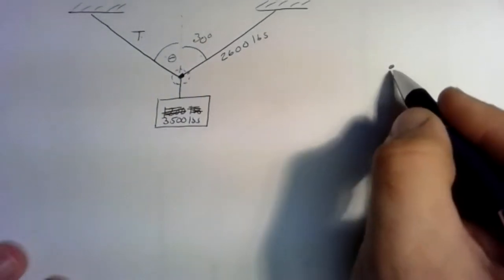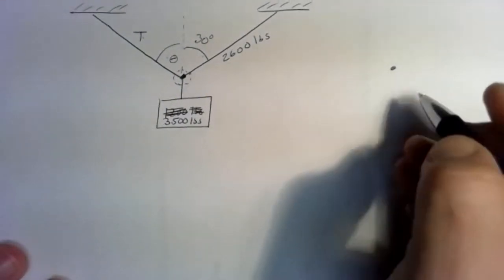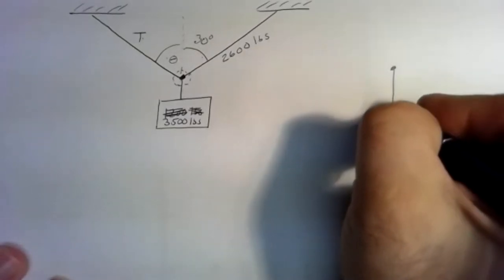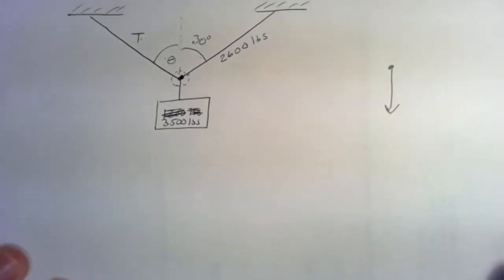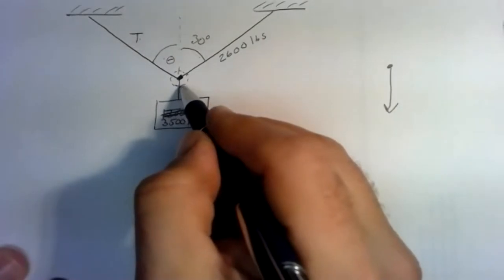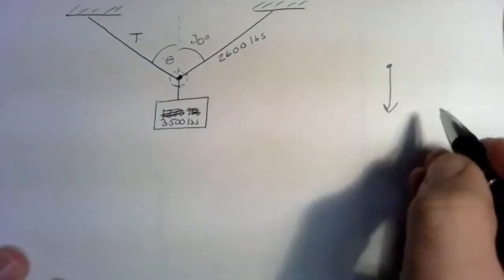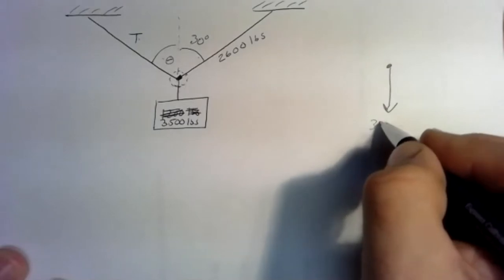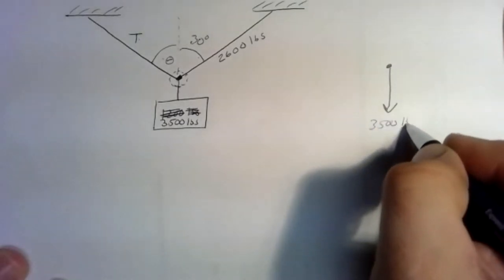Now the box is pulling down on that point. It has weight. This wire is cut by that system boundary, so it's pulling down with 3,500 pounds of force.